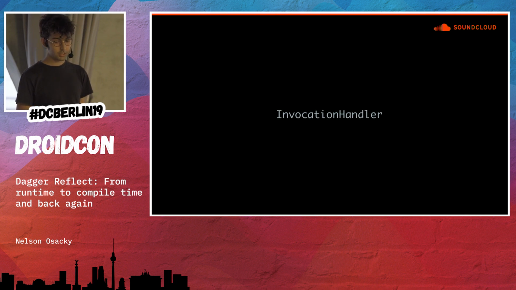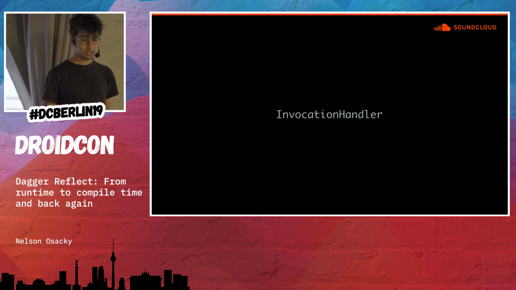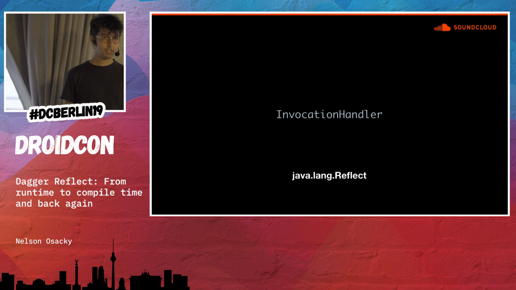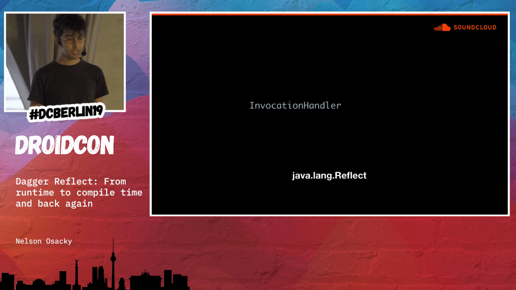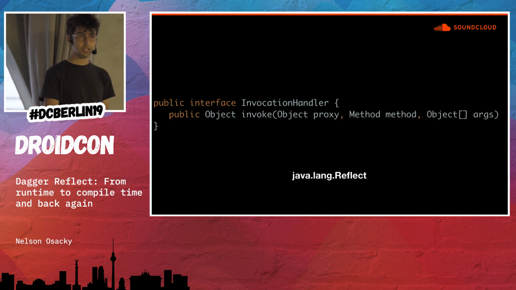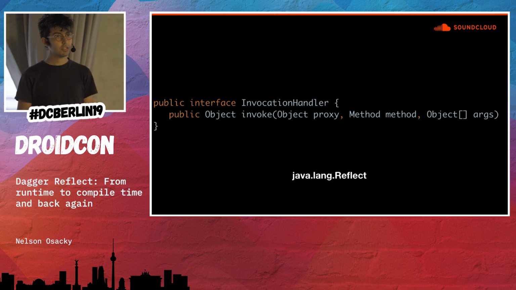It's really just an implementation of an invocation handler. An invocation handler is a Java class in the Reflect package, and what it does is any invocations on this class are proxied through the invocation handler. So this allows you to control any calls on that class.